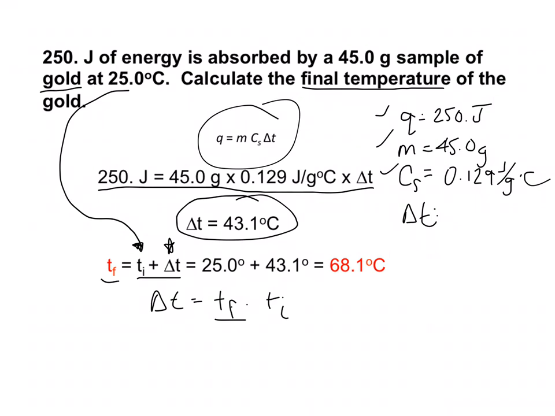They told us that the piece of gold was 25 degrees C initially. So we plug these in appropriately, and our temperature final is 68.1 degrees C. The original statement told us that energy is absorbed, so an increase in temperature and our temperature final value makes a ton of sense.